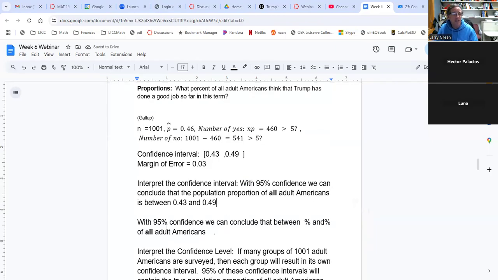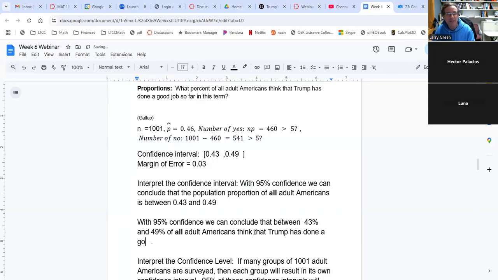Another way of stating the same thing is with 95% confidence, we can conclude that between 43% and 49% of all adult Americans think that Trump has done a good job so far in this term.